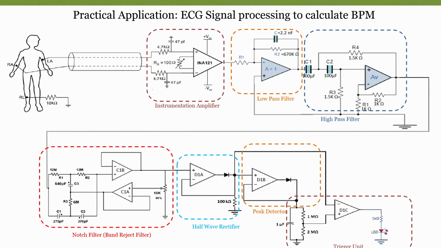Now, I will be showing an experiment on a signal conditioning circuit for acquiring an ECG signal, as well as doing feature extraction, that means processing of the ECG signal, as a live experiment using an operational amplifier.